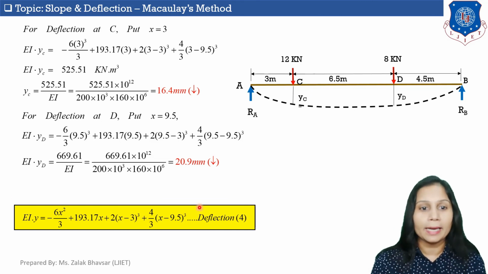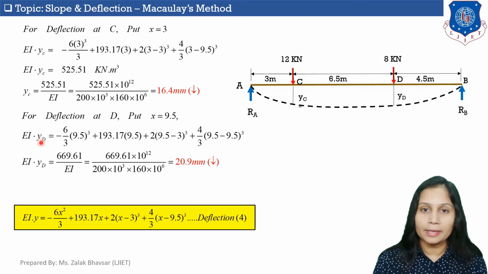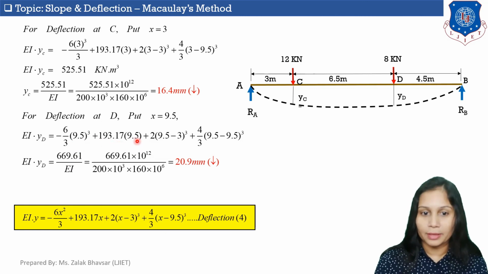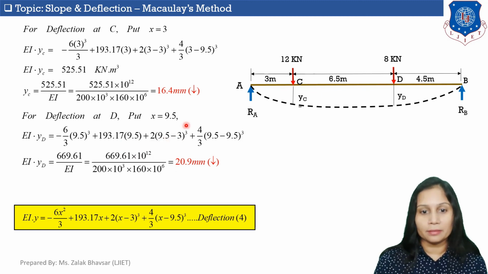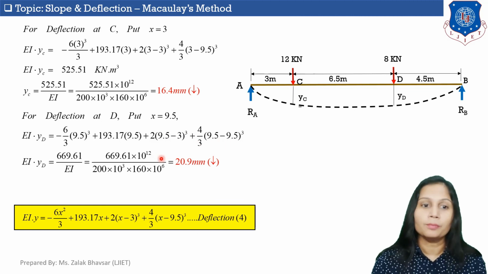So we will get the final equation as EI YD is equal to 6 by 3 9.5 cube plus 193.17 into 9.5 plus 2 into 9.5 minus 3 cube plus 4 by 3 9.5 minus 9.5.